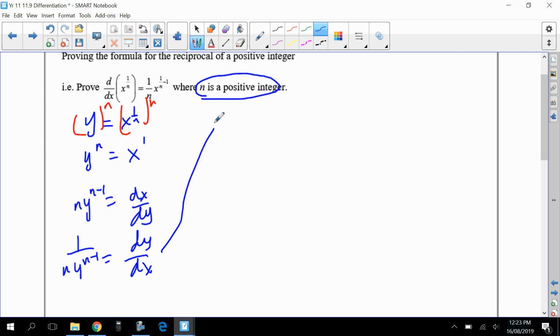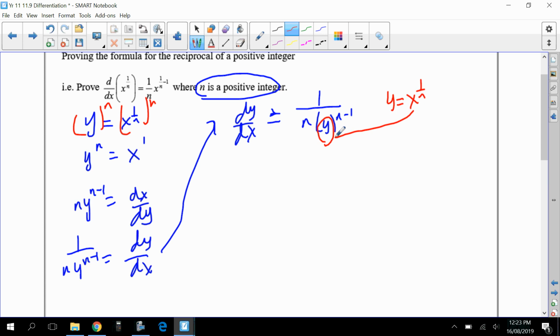And then we just continue. dy on dx equals 1 over that. And remember, all you have to do is to substitute y equal to x power 1 over n in there. And we get 1 over n, x power 1 over n, to the n minus 1. And then you expand this.